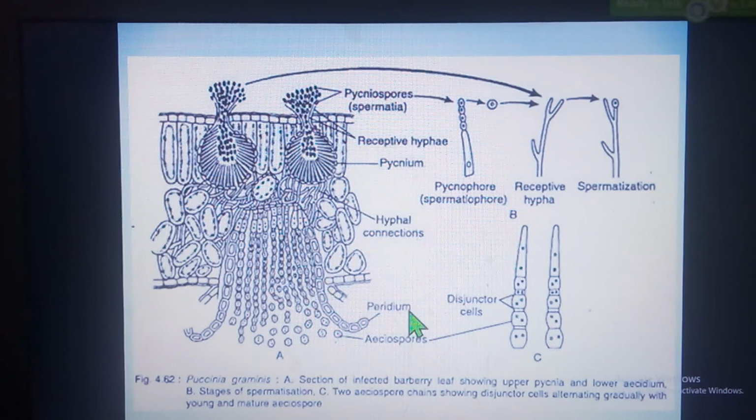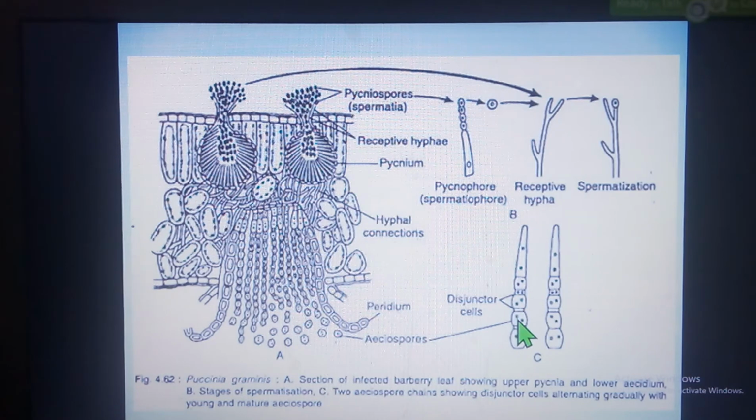So the stalk cell, after it becomes dikaryotized, divides mitotically into a chain of alternately arranged large and small cells. Just take a look at the enlarged picture. Here they divide mitotically into a chain of alternately large and small cells. Now these large cells will form the aeciospores.